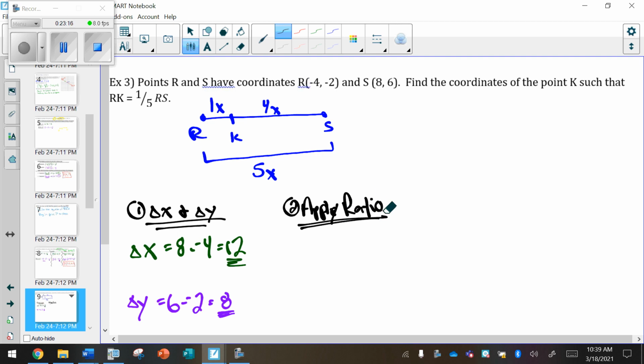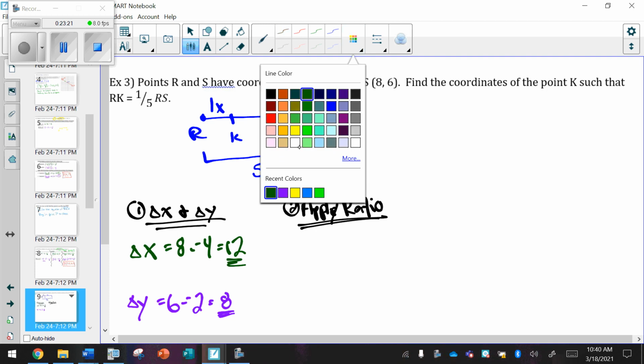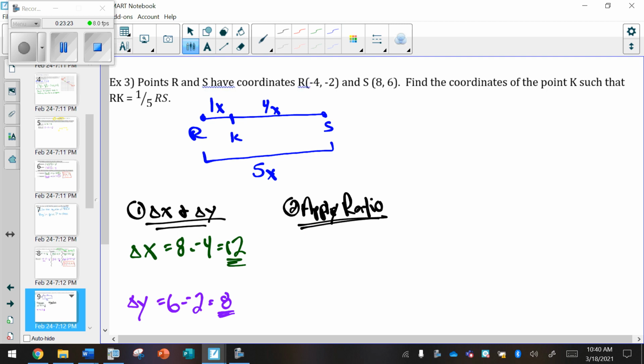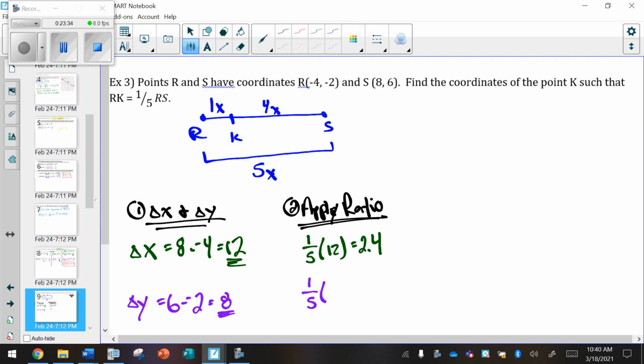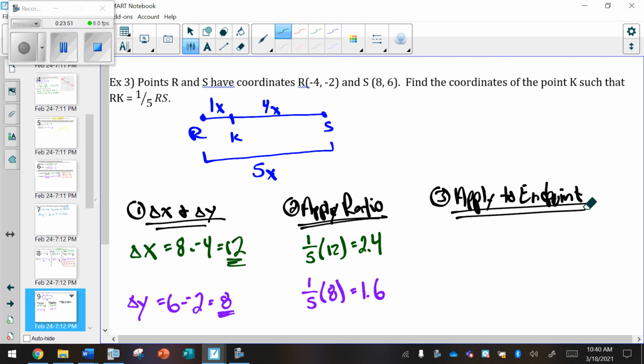So we are going 1/5 of the distance. So we need to do 1/5 of 12 for our horizontal component. And we're going to do 1/5 of 8 for the vertical component. Then we're going to take those distances and apply them to the correct endpoint. And that's why the sketch may help.